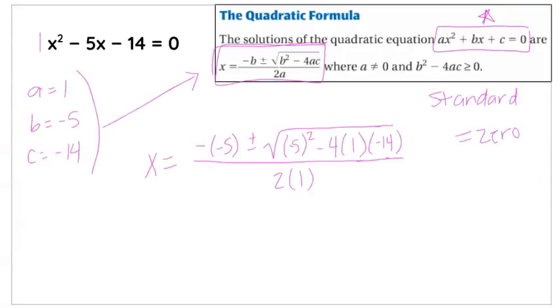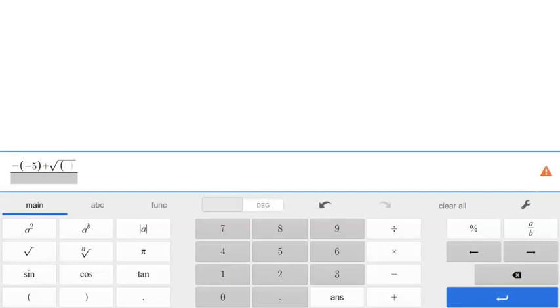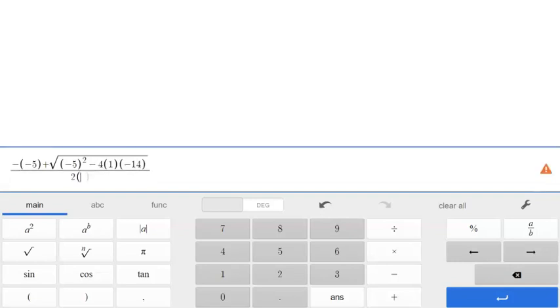Now the one piece here is that we have this plus or minus. That means we're going to evaluate this equation two times. The first time we're going to do plus, the second time we're going to do minus. So I'll start with putting a plus sign here. Then we had the square root of negative 5 squared minus 4 times a times c, and then 2 times 1.